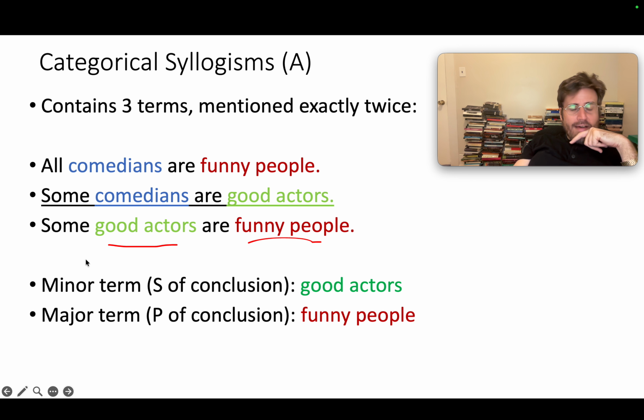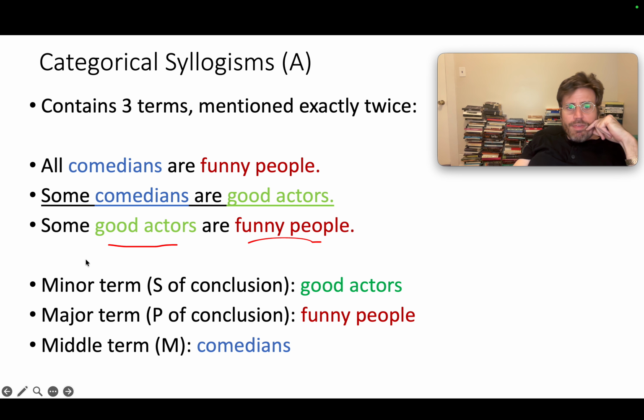And then we have what is known as a middle term. The middle term, I'm just using M to designate it, is essentially the other repeated class term that does not occur at all in the conclusion. And in this case, it's comedians. So comedians is appearing as the subject of the first premise and the subject of the second premise.